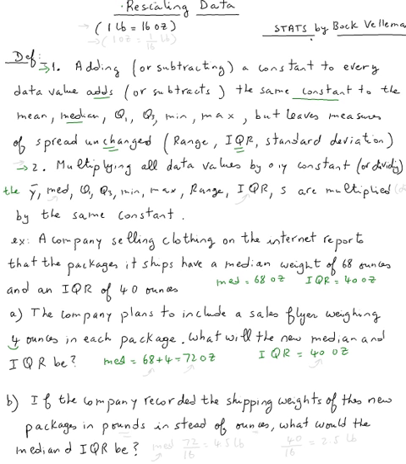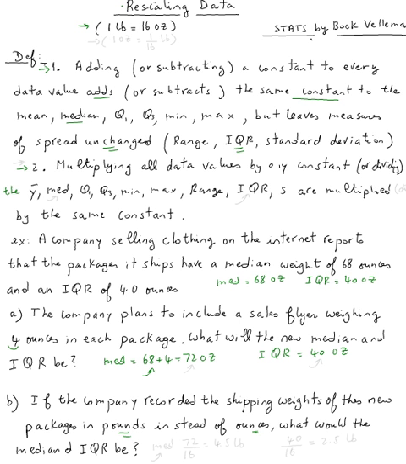All right. Now for question B: if the company recorded the shipping weight of these new packages, so the new packages means we already added 4 ounces to each package, in pounds instead of ounces, what would the median and IQR be? So first, 1 pound is given to be 16 ounces.